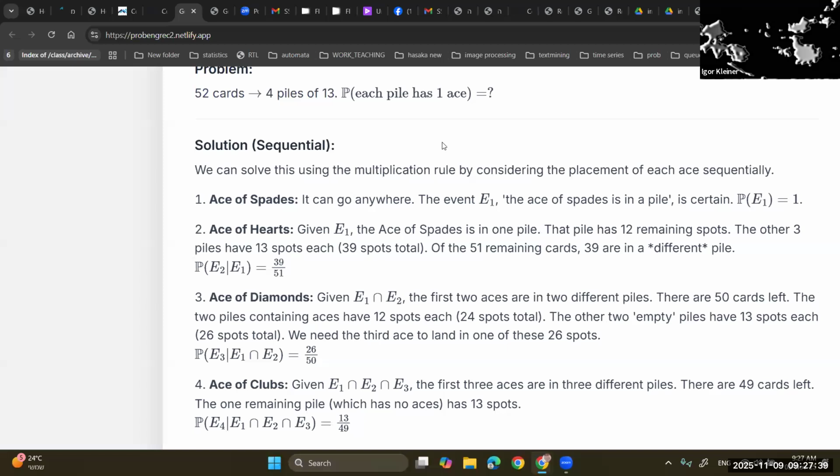What is the probability that the ace of spades will be in some pile, in any? It's one. Let me draw the piles.